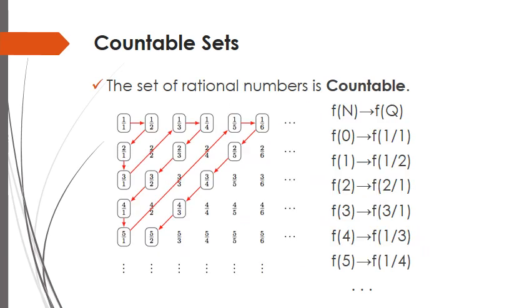The set of rational numbers is also countable. In this representation, we first need to remember that rational numbers are calculated by taking the ratio of two integers to each other. With this logic, in a two-dimensional table, the rows change the numerator value and the columns change the denominator value.